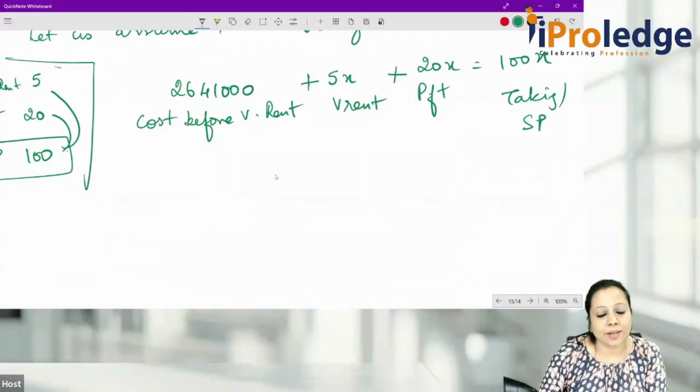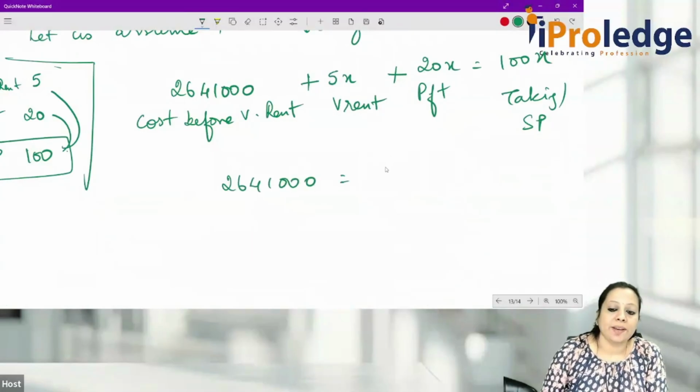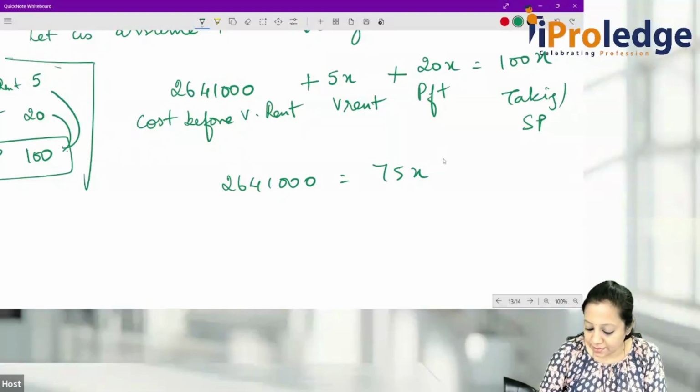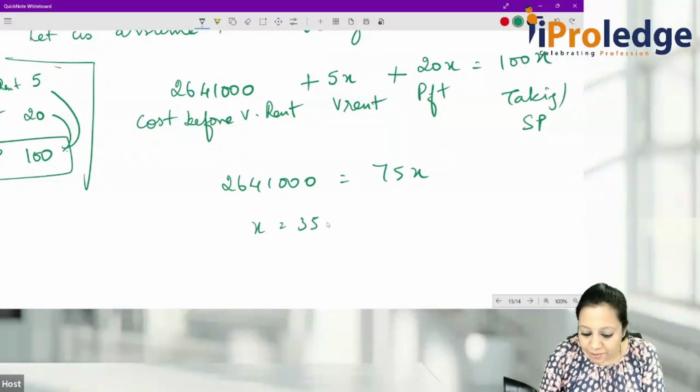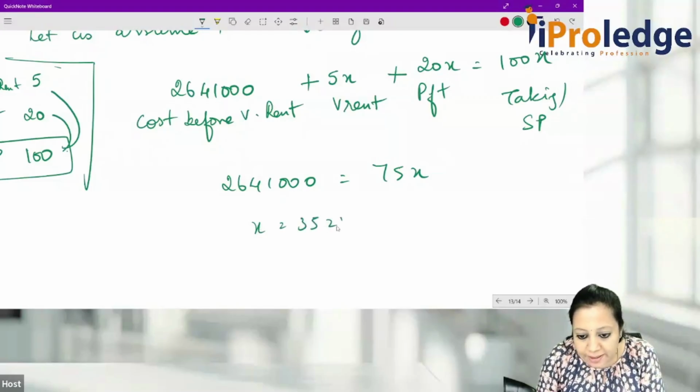All right. So now let us group all the x to one side. 26 lakh 41,000 is equal to 25 going to that side. Is it 75x? Yes, it is. So 26 lakh 41,000 divided by 75, x is equal to 35,213.33.